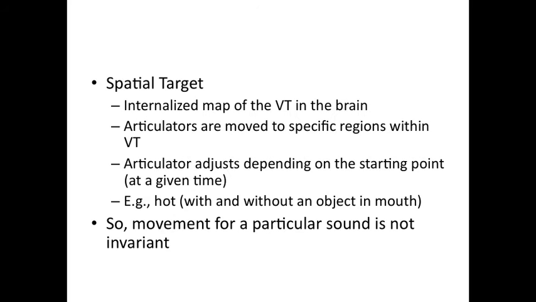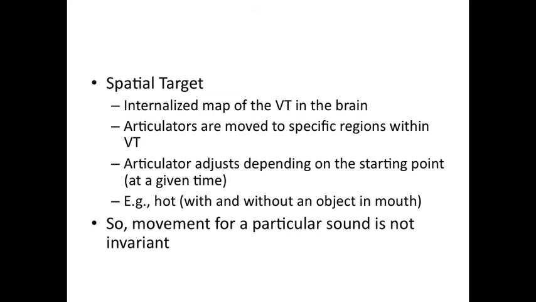I am not a native speaker of English, right? My vocal tract spatial targets are different than a native speaker's spatial targets, right? My vowel sounds are different from your vowel sounds. But you're still able to, for the most part, I wouldn't say, I don't know if I'm 100% intelligible, you have to tell me, but for the most part, I consider myself intelligible.